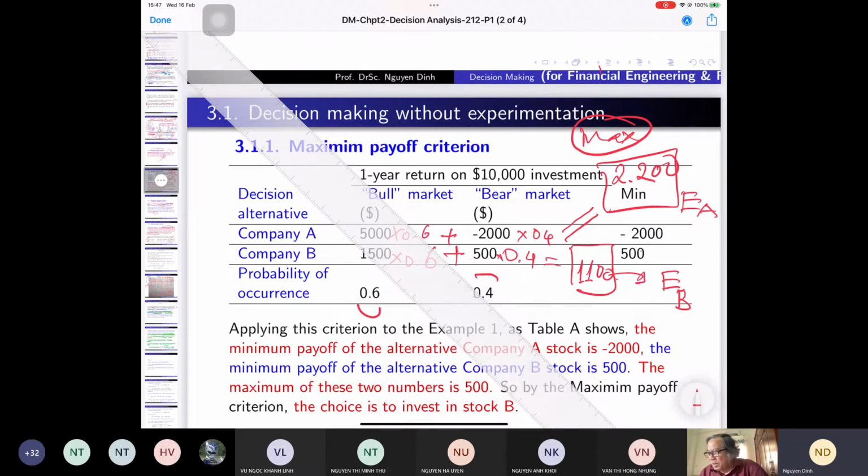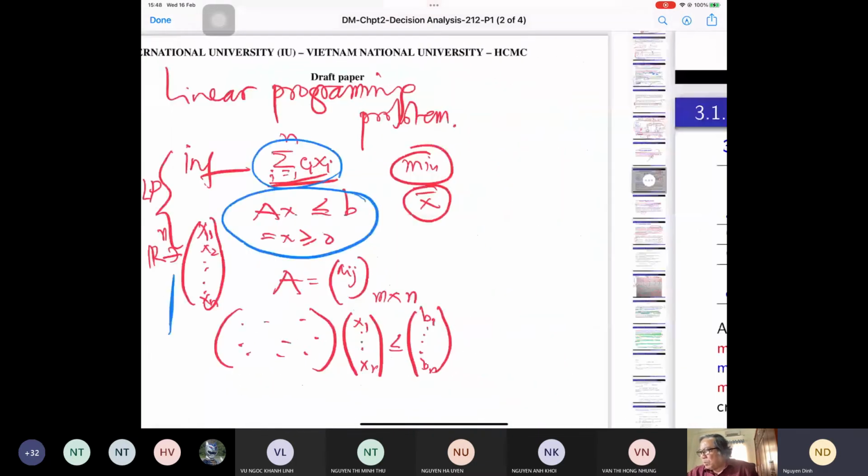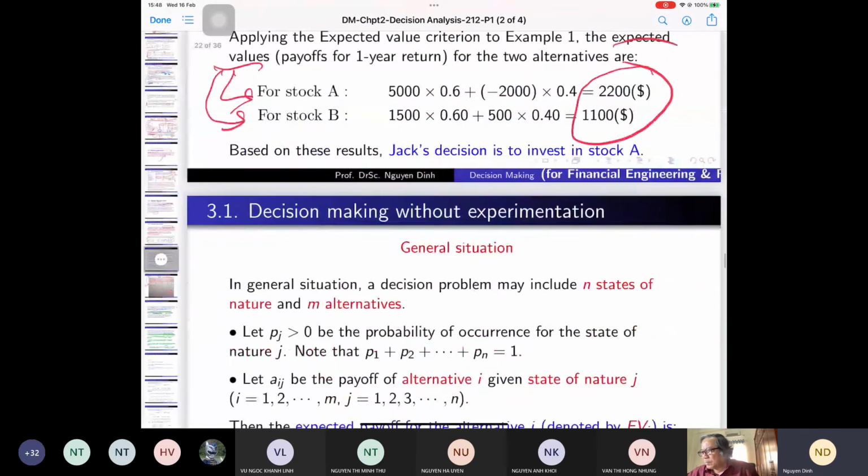This is the probability of the bull market and the probability of the bear market. And so what we want is actually this.